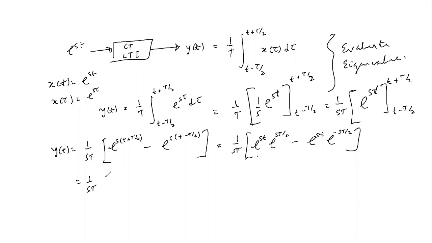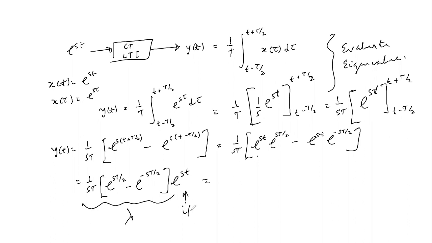So that will be e^(st) times e^(sT over 2) minus e^(minus sT over 2) over sT. And now this is equivalent to this being the constant and this is the input, right?